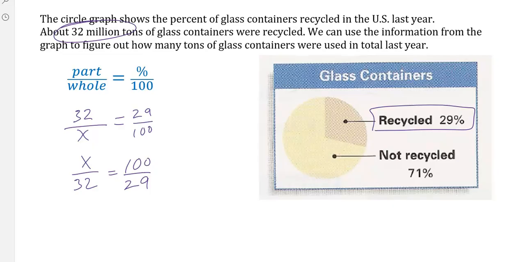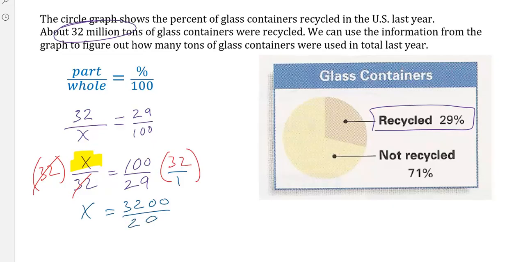Because now, if I want to find out what x is, because x is being divided by 32, if we multiply both sides by 32, these 32's cancel each other out, and I have x by itself. But what is 100 times 32? That's pretty simple. That's 3200 over 29, because we're multiplying straight across. 32 times 100, 29 times 1.